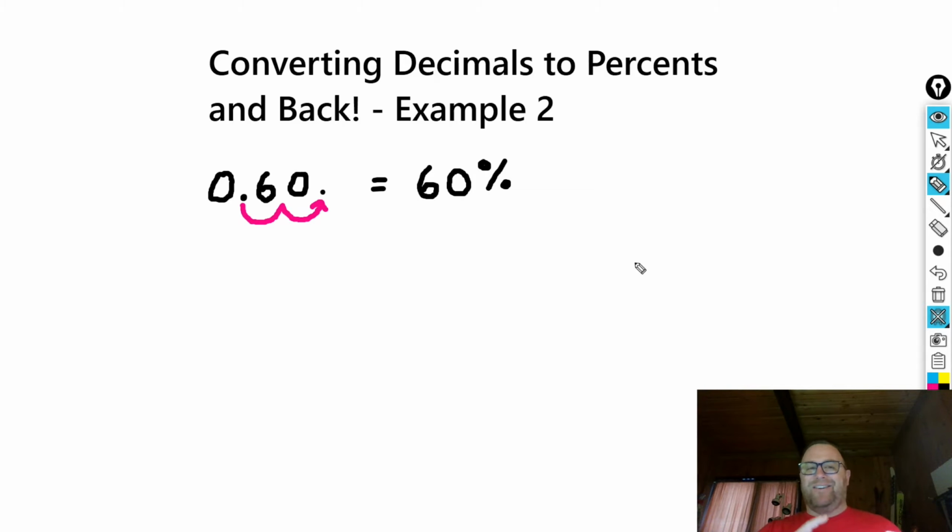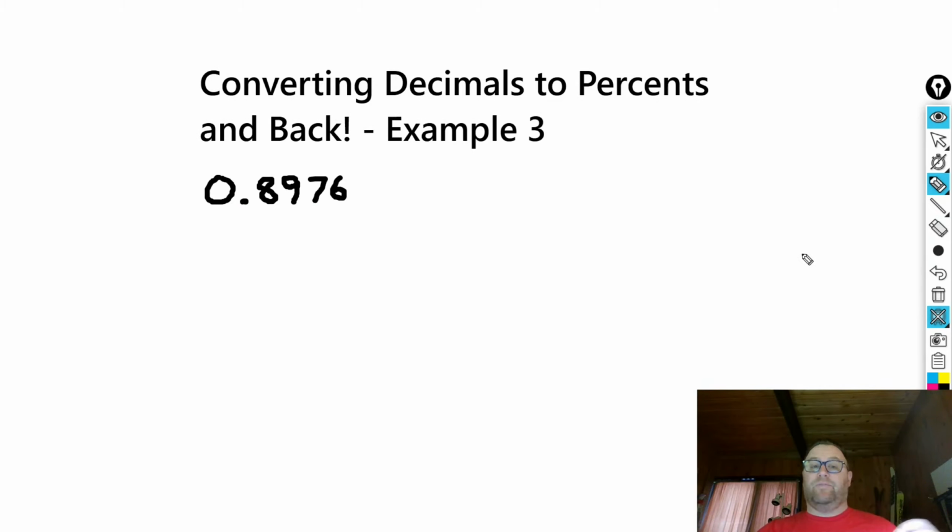Let's take a look at another example of this, and then we'll start converting back from percents to decimals. In our third example, converting from decimals to percents, we have the decimal 0.8976. Again, we want to multiply this by 100. That means moving the decimal point 2 places to the right.